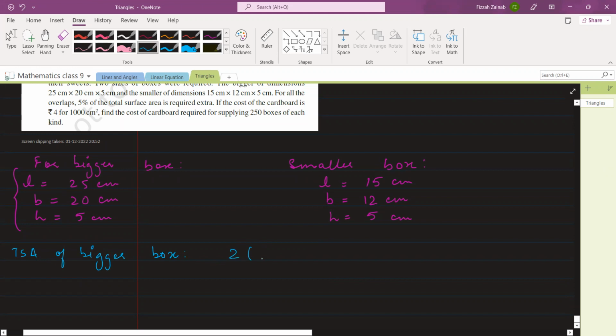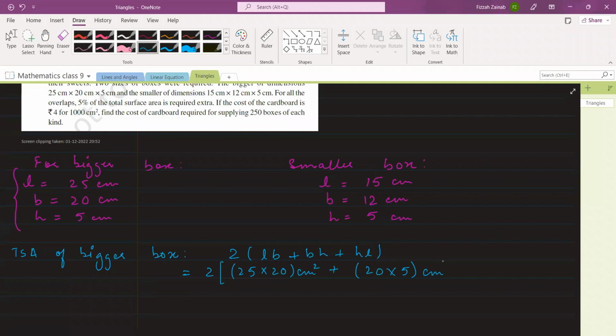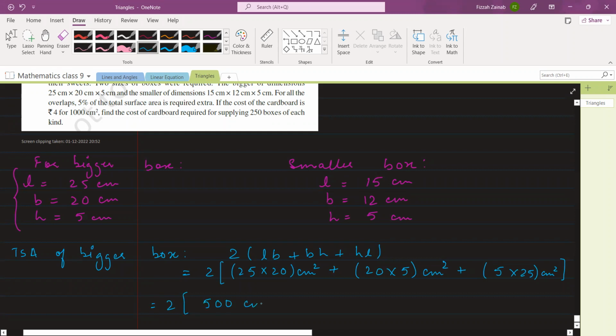Simply put the formula 2 into LB plus BH plus HL, which is 2 into length 25 into breadth 20 centimeter square, plus 20 into height 5 centimeter square, plus 5 into 25 centimeter square. So 2, now 25 into 2 is 50, so that is 500 centimeter square. 20 into 5 is 100 centimeter square.